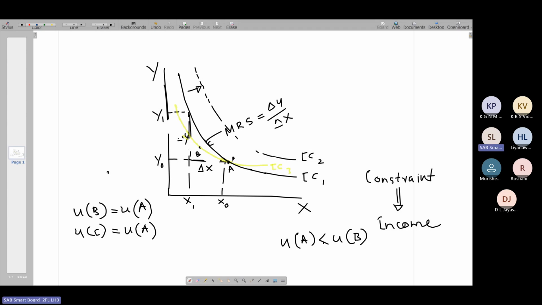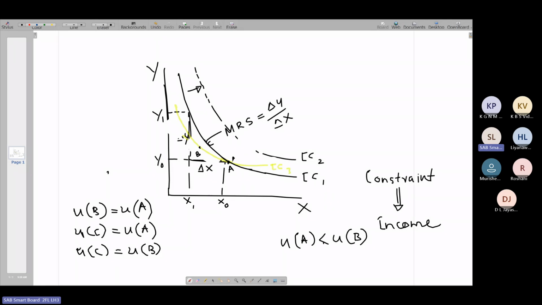So what is your conclusion based on this? Utility A equals B, A equals C, so that means utility C should equal utility B. Can it happen? B and C are not on the same indifference curve.